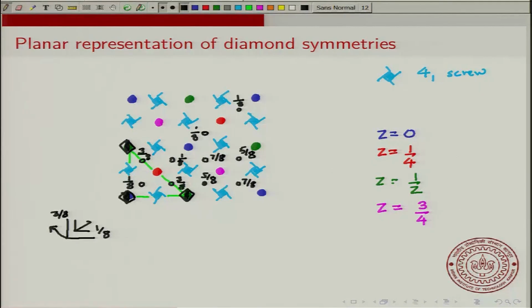Similarly you can show that it will be at all these other points, but I am not bothering to show the remaining points. In fact, you can show that there will also be a four-fold roto inversion axis right here.